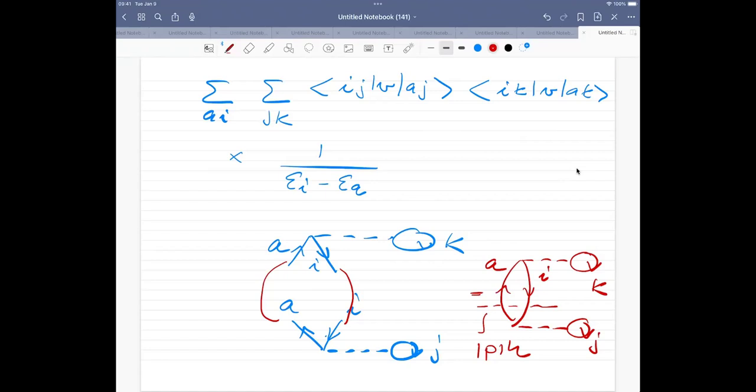Now, if we have performed the Hartree-Fock calculation, then we know that if we also include H0, and we have to do that, then this diagram will be equal to 0. Because in the Hartree-Fock case, A of the Hartree-Fock Hamiltonian of I is equal to 0. But as it stands here, if we don't include the H0 term, this is not 0.